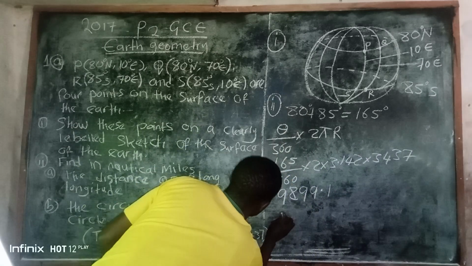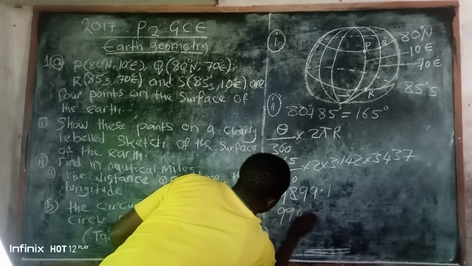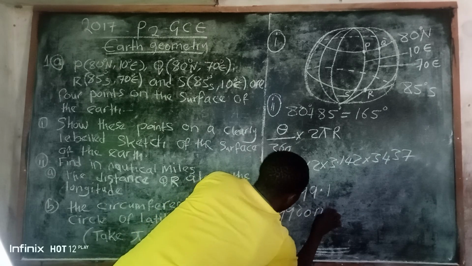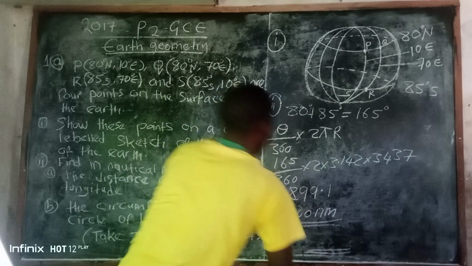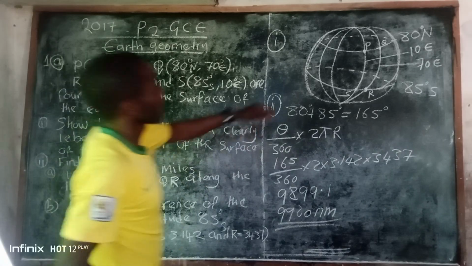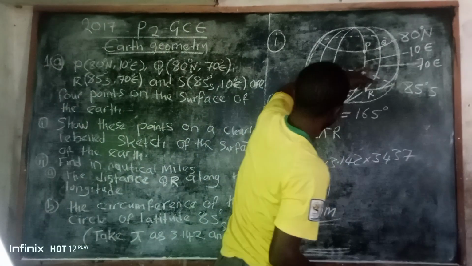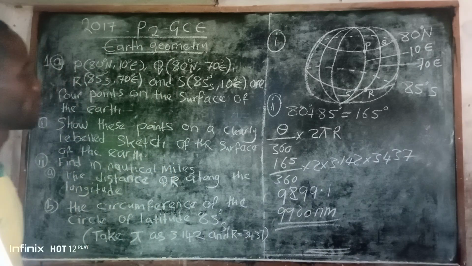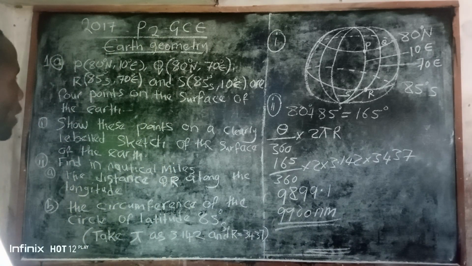Then this one we can still round it to the nearest nautical miles. So the distance between point Q and R is 9,900 nautical miles. So that means we are done with that one.